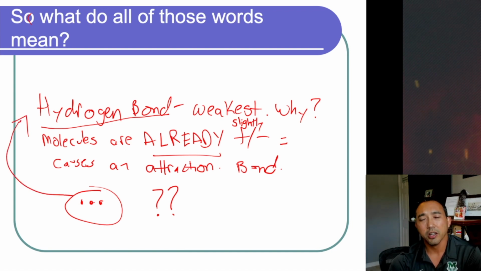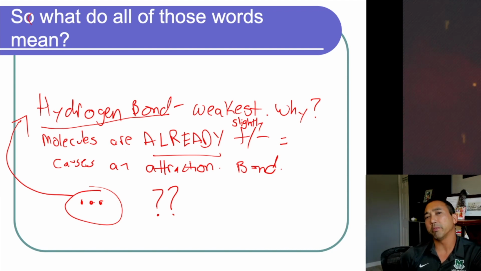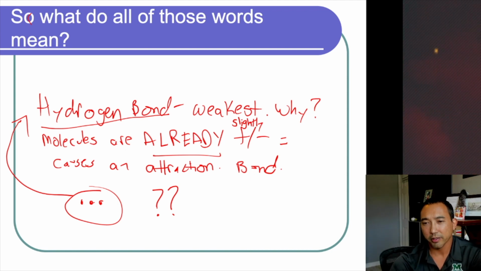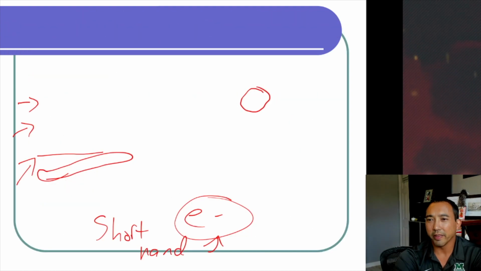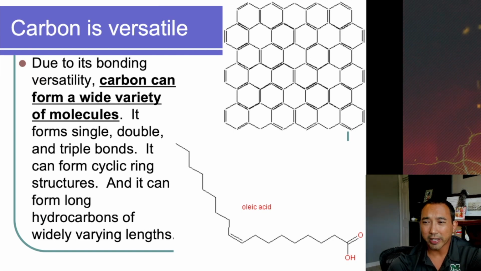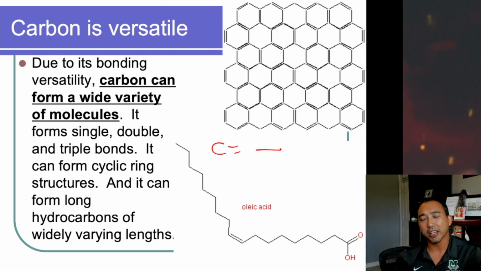Okay? What was a covalent bond represented as again? Here is your hint. Lines. Remember, covalent equals lines. Anytime you see a solid line.